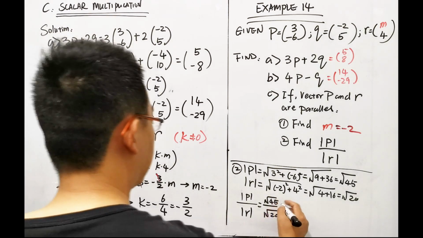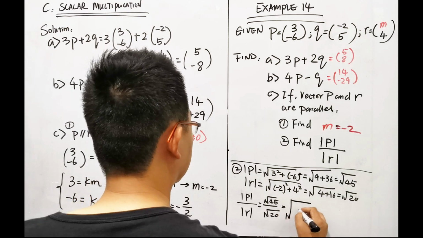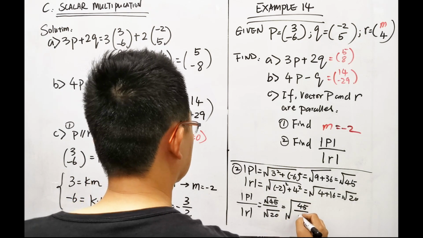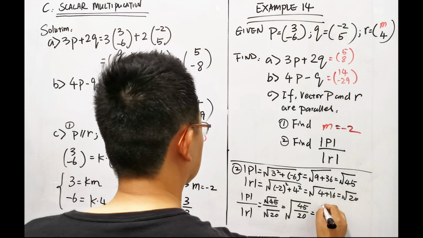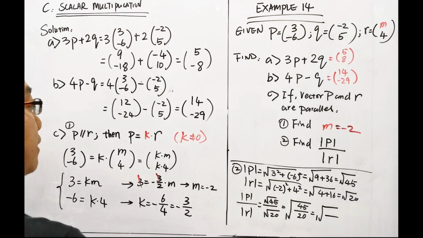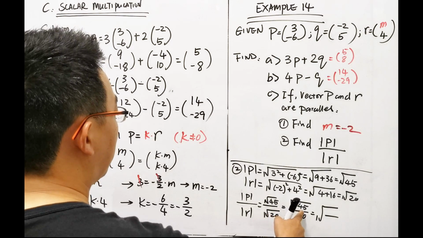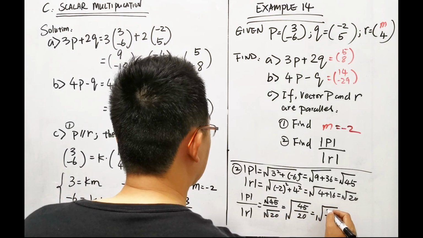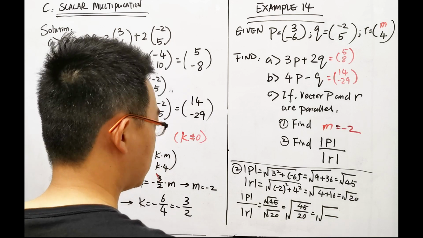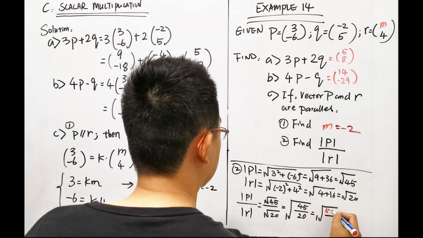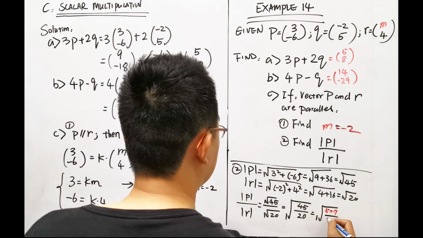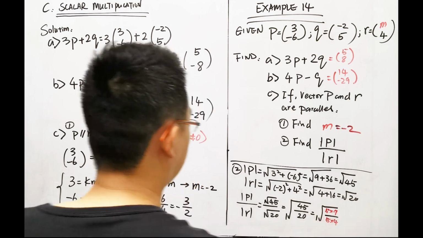Because of this, we can just bring them in, right? How can we cancel off? We just cancel off each other. This is how we get 45 over 20, which is 5 times 9 over 5 times 4, right?